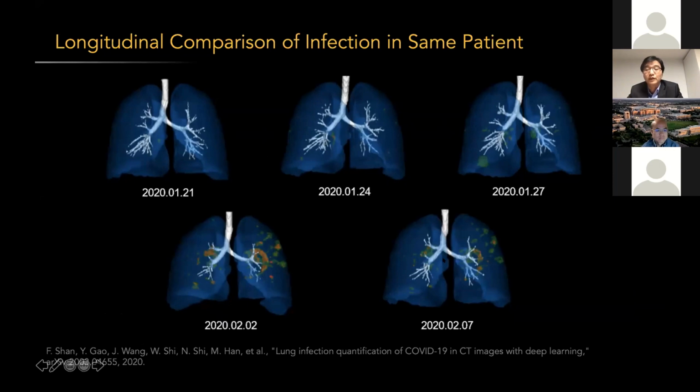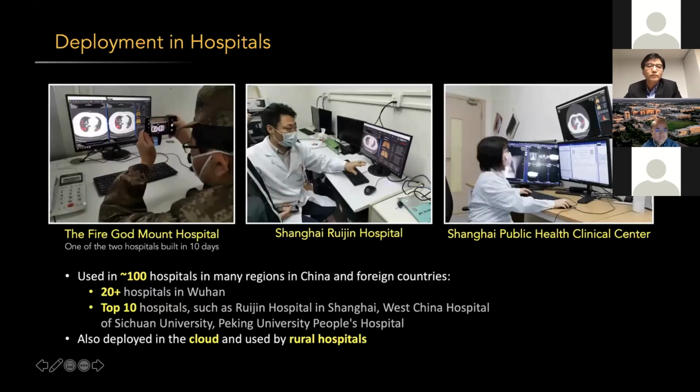For example, infections reduced, basically absorbed due to the treatment, on February 7. So you can see this kind of change. And in the later slides, I will show you more longitudinal CT images for patients.